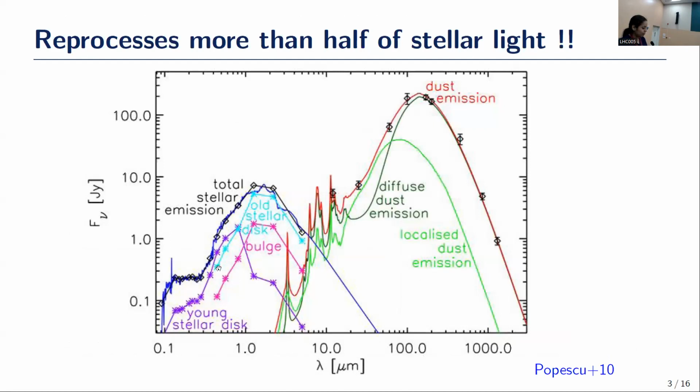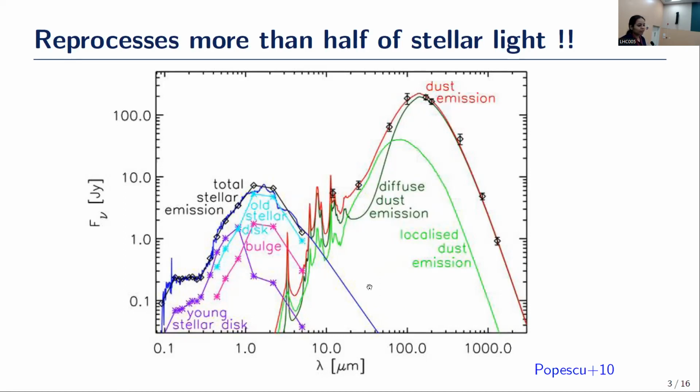You can see here that this is the stellar emission, from bulges and so on. The light that was supposed to be here in optical and UV has got scattered and absorbed, and is getting re-emitted in this region, the far-IR and mid-IR region.